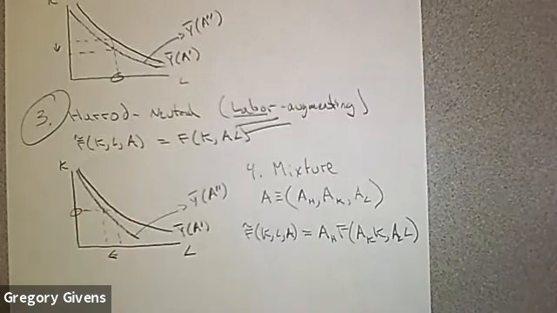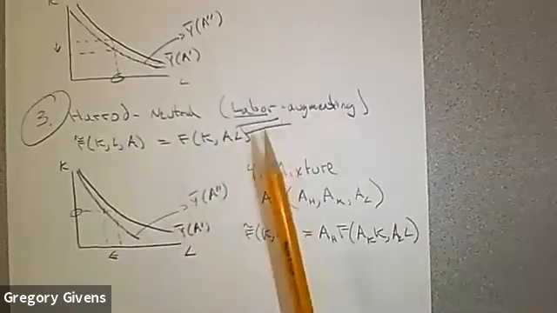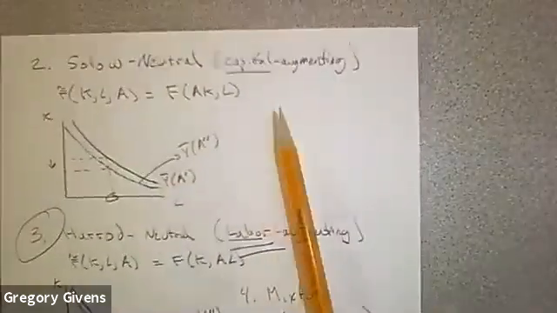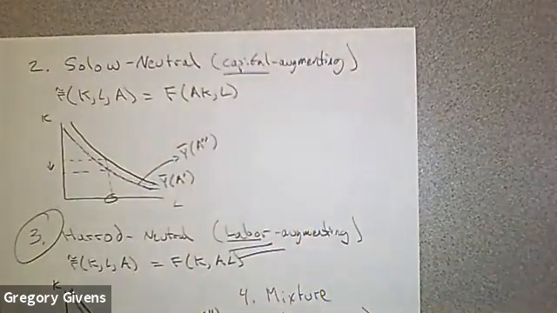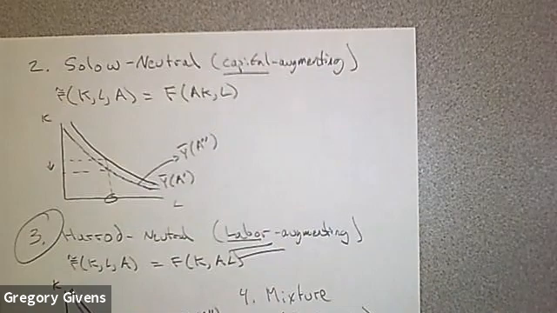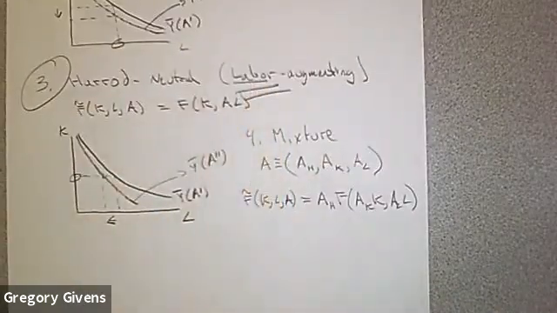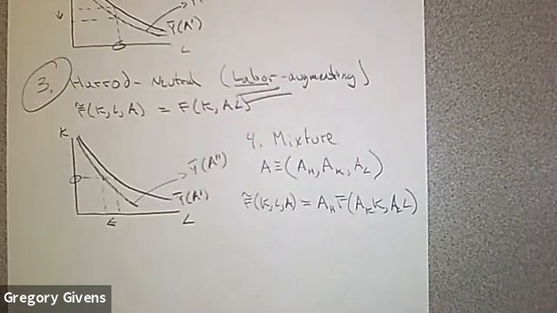That's a special class of production functions whereby even if you have capital augmenting or Hicks neutral technology, through a clever change of variable, you can rewrite that production function in terms of just labor augmenting technology.